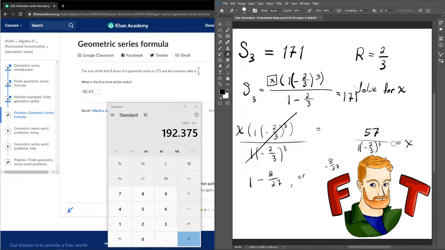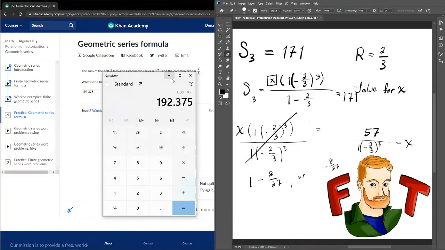So let's work it both ways. Negative 8 over 27 would be negative 192. We already did the math on that. This, however, will be something different.